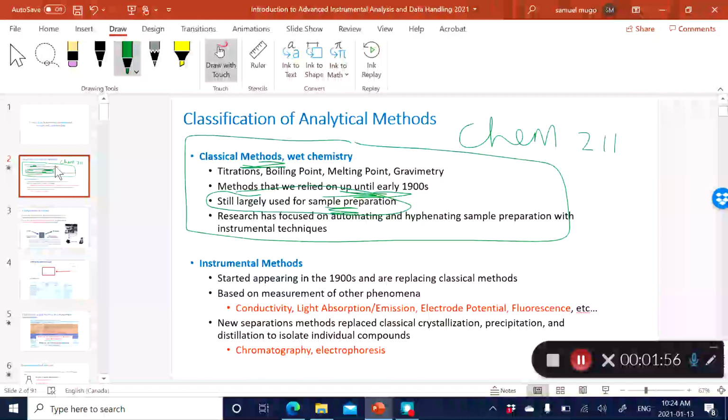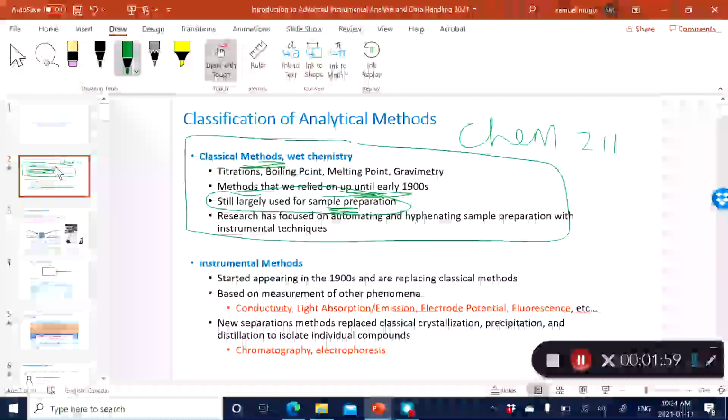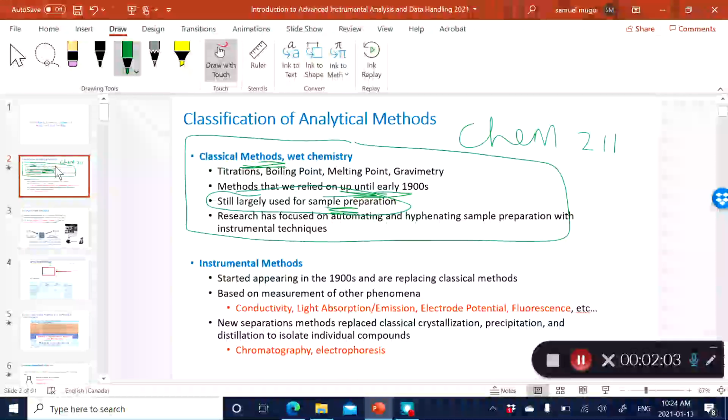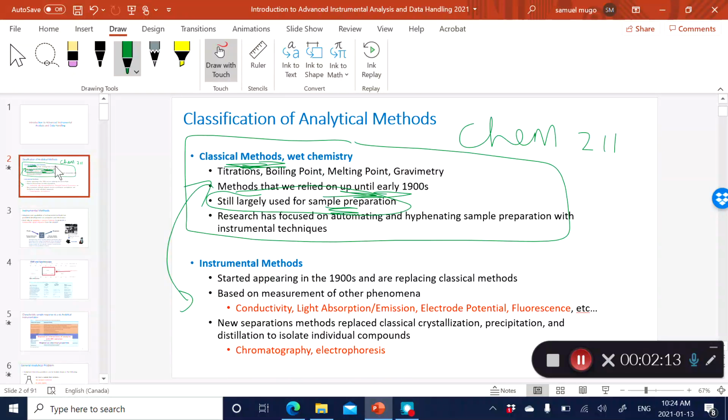Okay. Now, in some cases, you're going to see that in today's way of doing chemical analysis, people have hyphenated or automated the classical methods of analysis with instrumental methods of analysis. So there's an interlink, where you can do things like extraction, which becomes fairly automated, and that is connected to instrumental analysis, such that things happen in a pipeline.